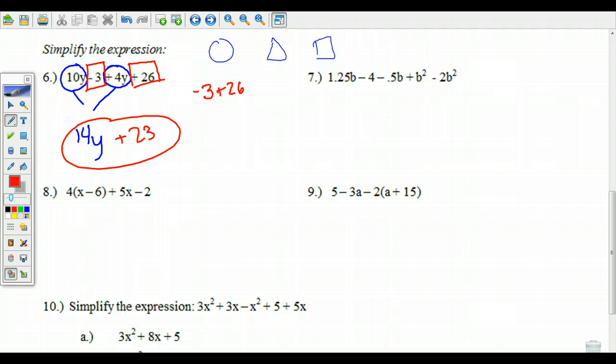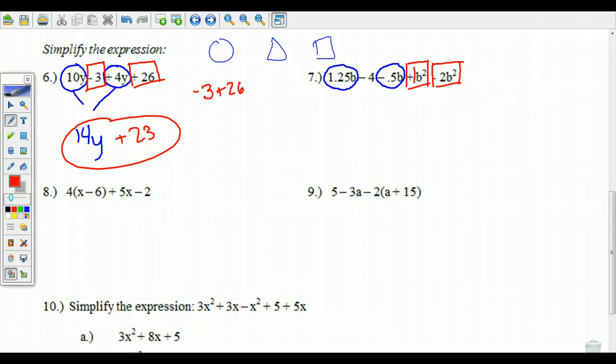In number 7, you'll see that there are decimals, and it's really the same process. We have 1.25b and negative 0.5b, but those aren't like terms with the b squareds. Those are different shapes. I'm going to put a 1 in front of this b squared there.